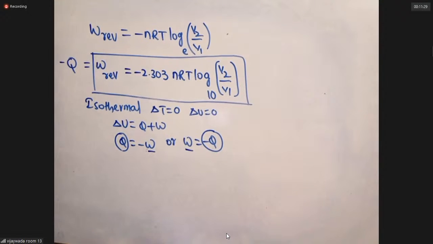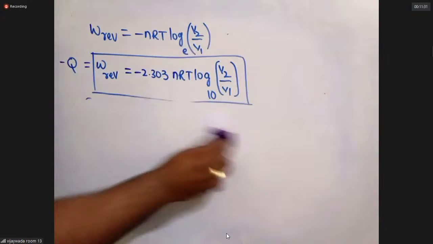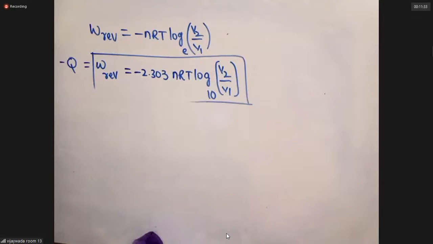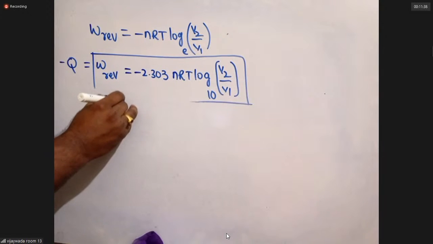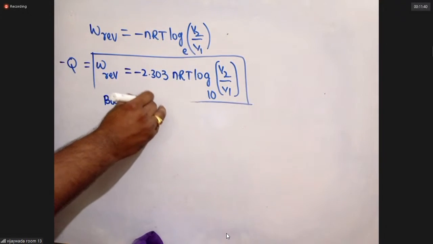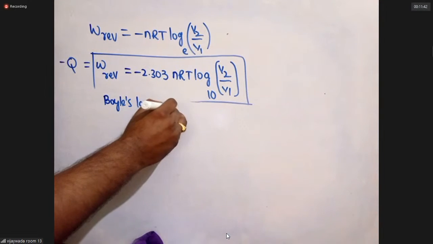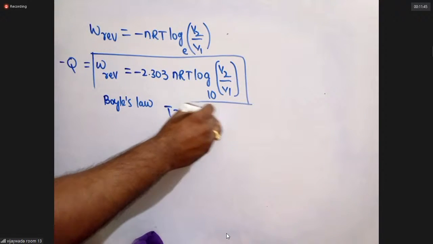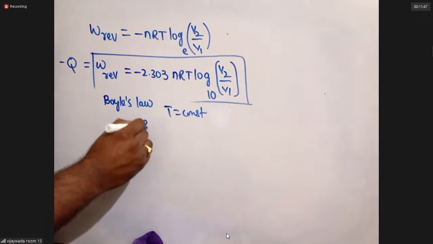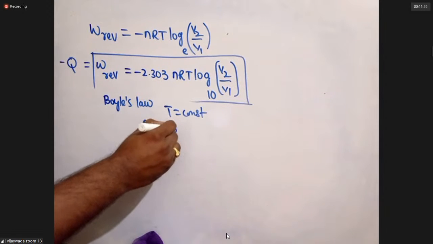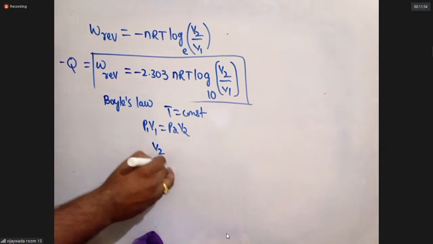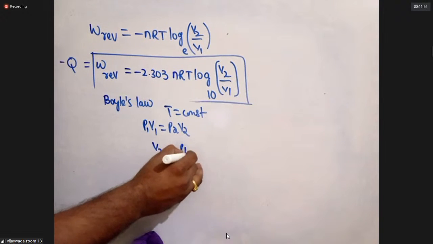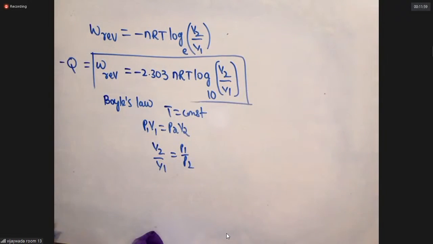Okay. One more point, students. We already studied Boyle's law. Boyle's law means temperature is constant, and we know that P1 V1 equals P2 V2. Then we can write V2 by V1 equals P1 by P2. So if they give volumes, you can use this equation.